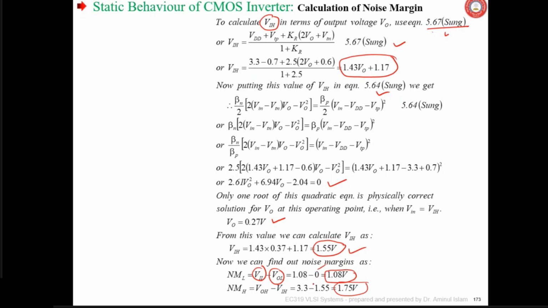And we get the value of NML as 1.08 volt, and NMH equals VOH minus VIH. Hence, it is 3.3, this is nothing but VDD. For a CMOS circuit VOH can be considered as VDD. So 3.3 volt minus VIH equals 1.55, so you get NMH equals 1.75 volt.